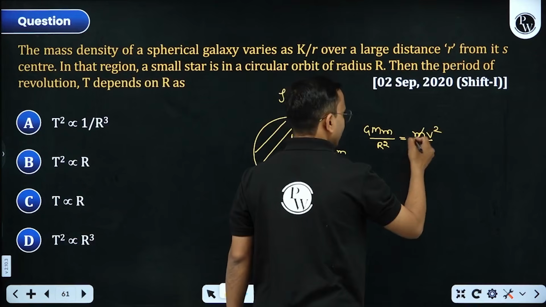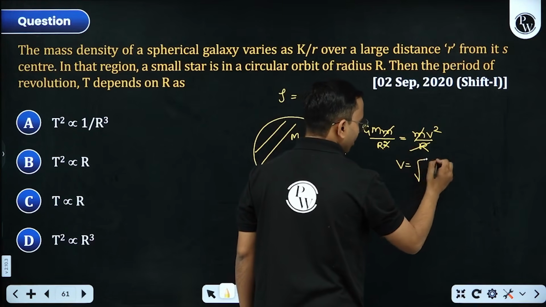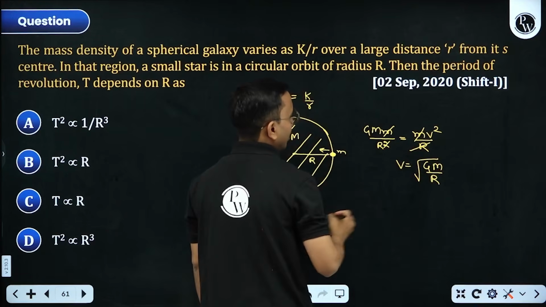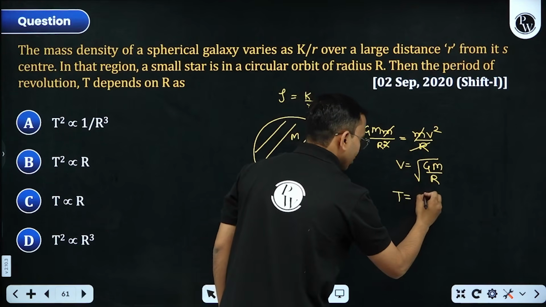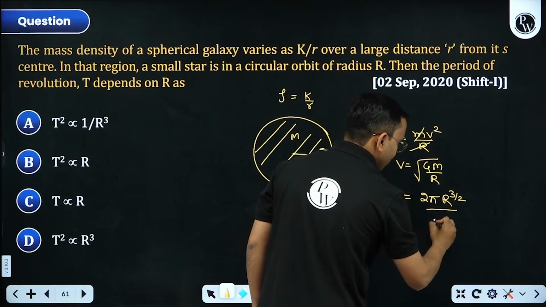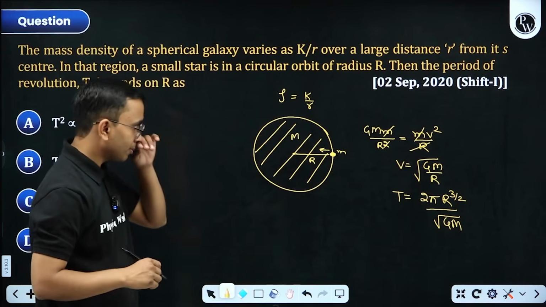Perfect. Mass into centripetal acceleration. So from here v comes out to be root of GM by r, and the time period is 2 pi r to the power 3 by 2 by root GM. It is coming like this, the same derivation.